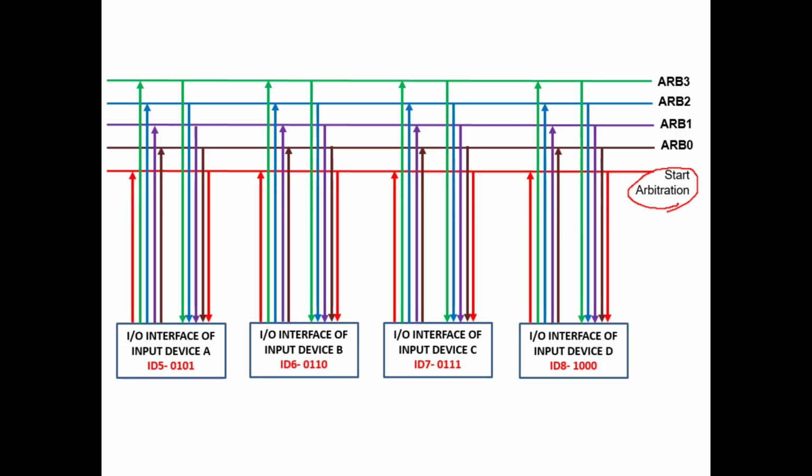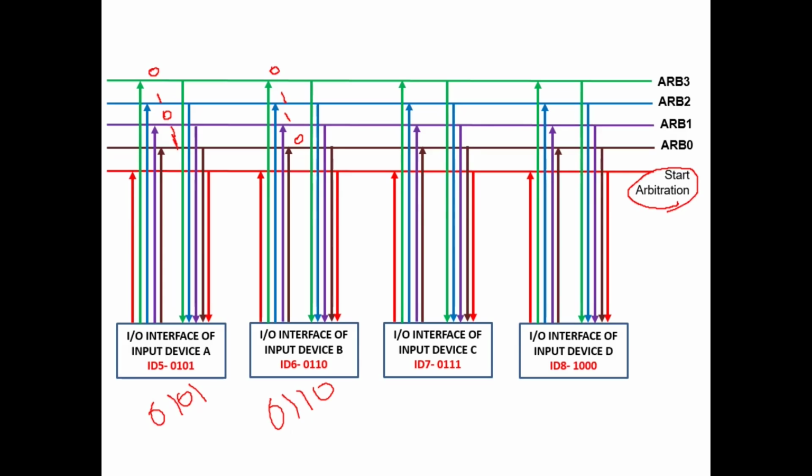Then both will place their IDs: 0101 on the arbitration line, and this device places 0110 on the arbitration line. So when the first device places 0101, arbitration line 3 is 0, arbitration line 2 is 1, then 0 and then 1. Similarly, the other device places its ID also, that is 0110.